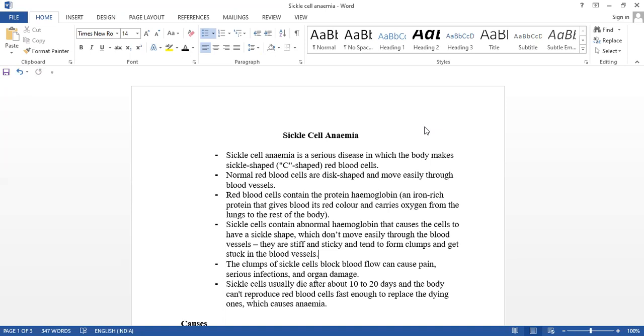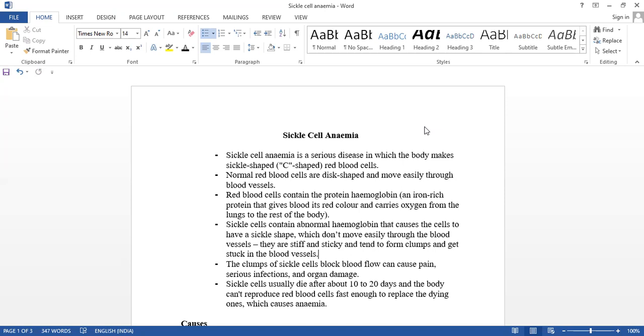That is the disc shape, biconcave disc shape, and RBCs move easily through the blood vessels due to the disc shape. But here, due to the sickle shape, the movement has trouble.